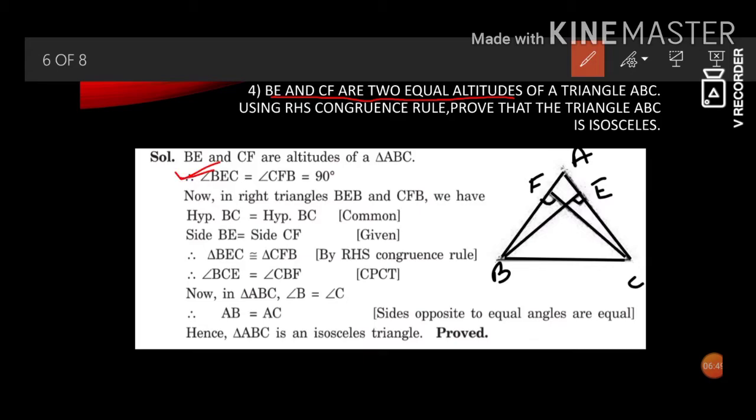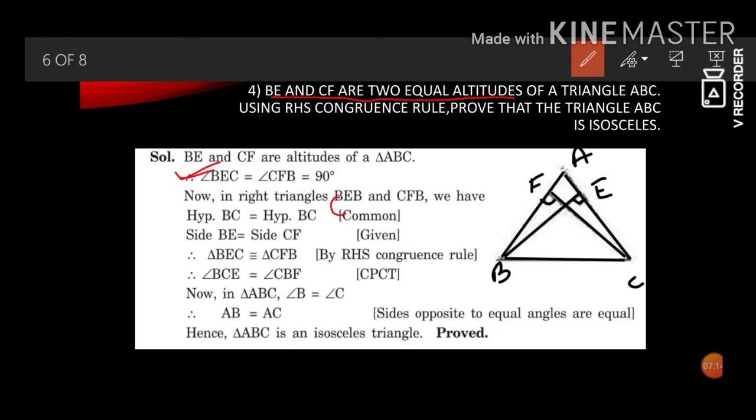So angle EBA and the angle CEB and angle CFB are equal to each other. These are the two triangles that we are going to consider.